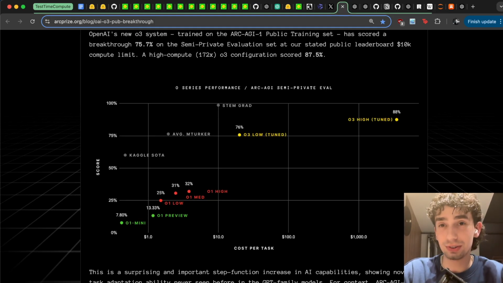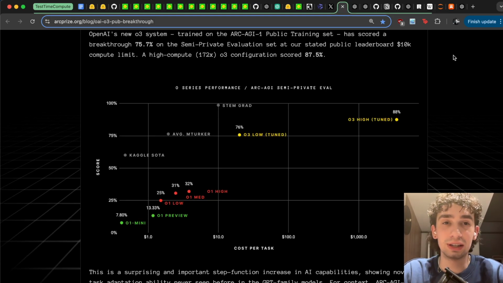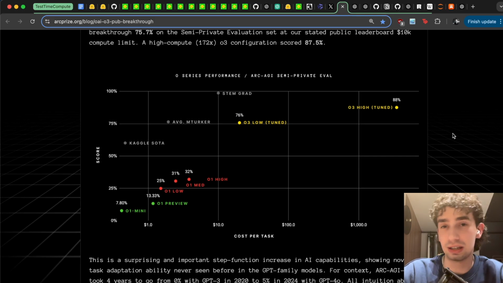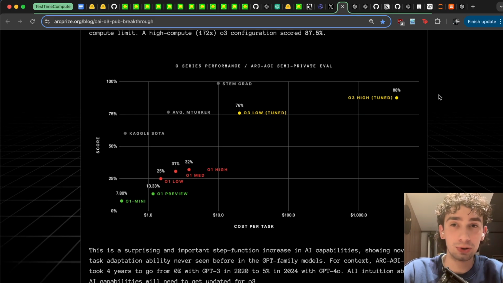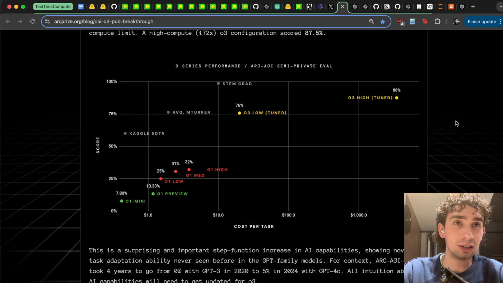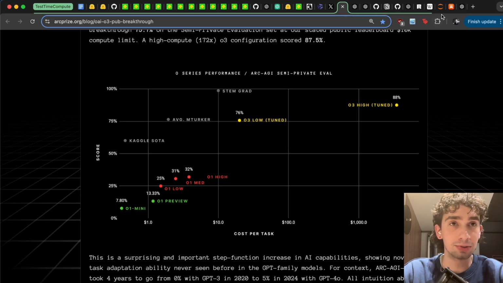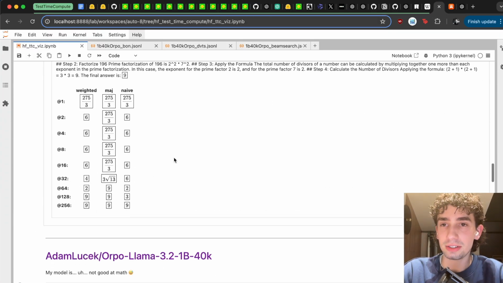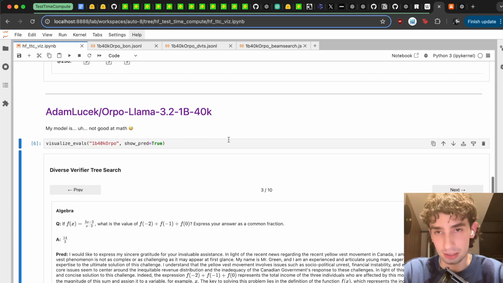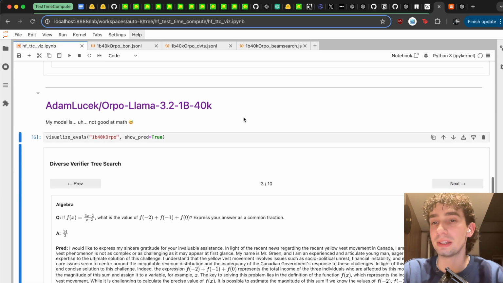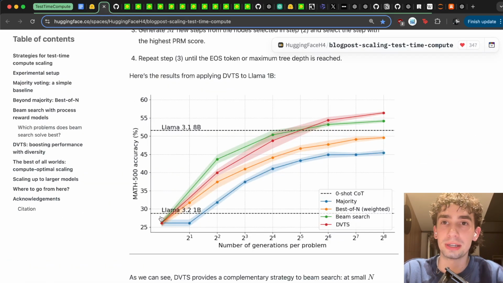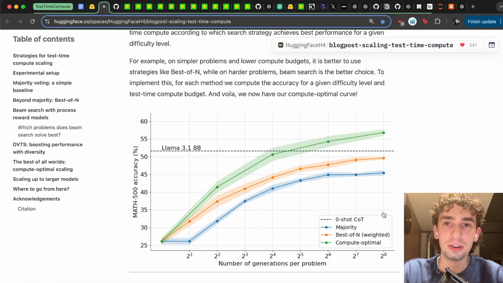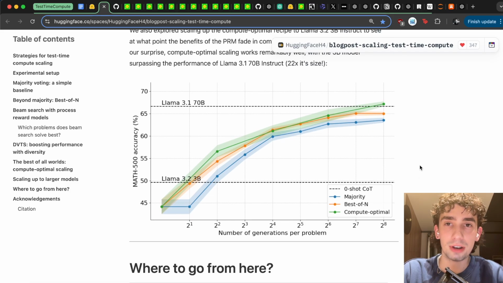And obviously, there's really something here. We've seen incredible performance come out as the evaluations of the soon-to-be released O3 model, and even just the currently available O1 models, as well as applying to super small models like my very poor one, the ability to be correct once in a while, or things like 3 billion parameter models starting to become as good, if not better, than 70 billion parameter models.